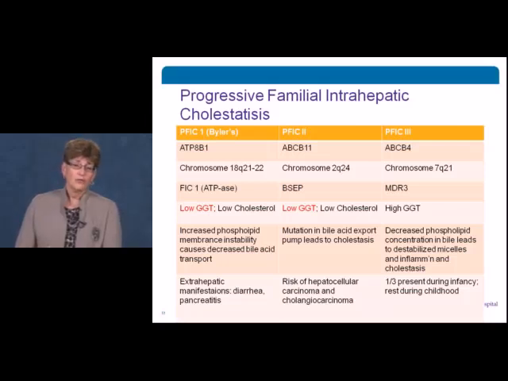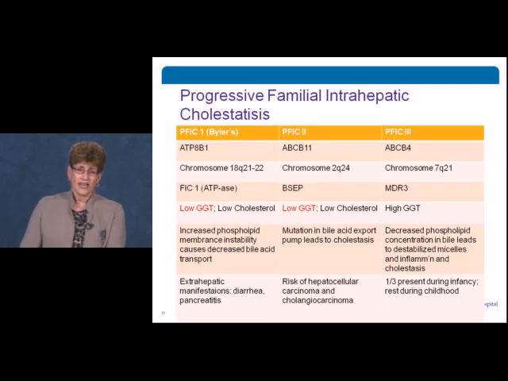Other features which distinguish the 3 of them are extrahepatic manifestations in PFIC 1, because the same mutation can also be found in the intestine, and so diarrhea may be seen because there's decreased bile acid transport, and so there's a bile acid diarrhea, as well as pancreatitis.